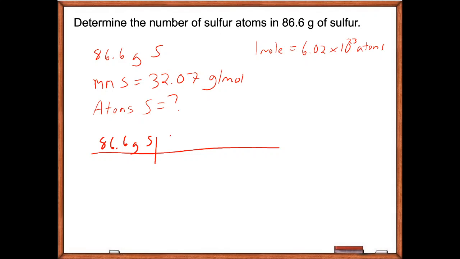So for every 1 mole of sulfur, I have 32.07 grams of sulfur. Okay, that puts me into moles. But what I ultimately want is atoms. So now I know that for every 1 mole of sulfur, I have 6.02 times 10 to the 23rd atoms.